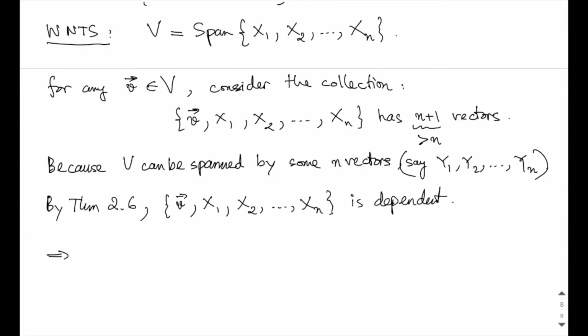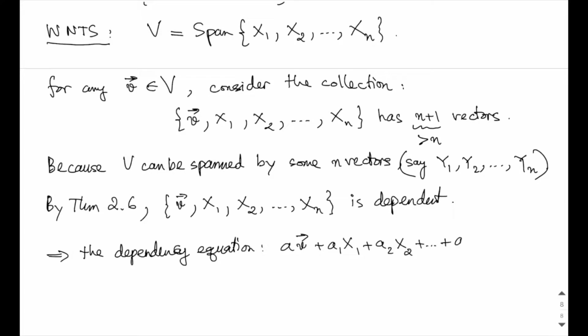It means that the dependency equation a times v plus a1 x1 plus a2 x2 plus ... plus an xn equals 0 has more than one solution.